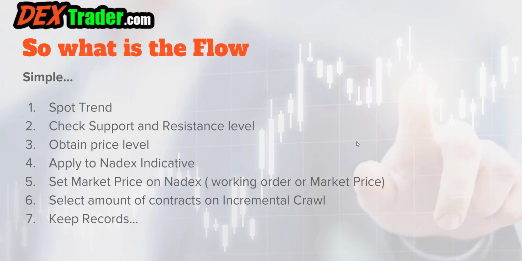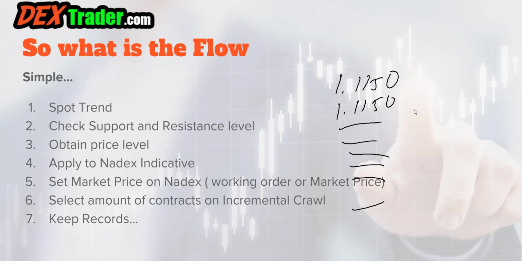Why? Because Nadex takes the last 15 prices, or the last 25 prices, and takes an average of the middle 15. So if this was 25 prices, it takes out the middle 15 and gives me a price that looks like this.